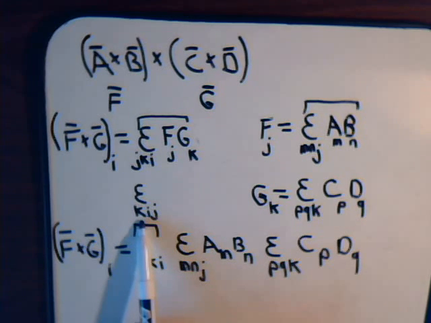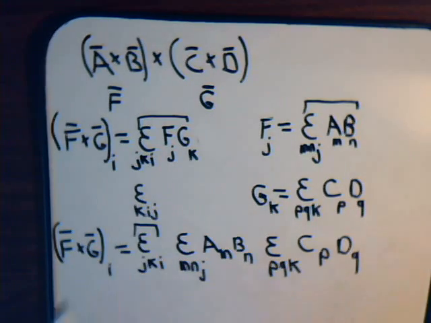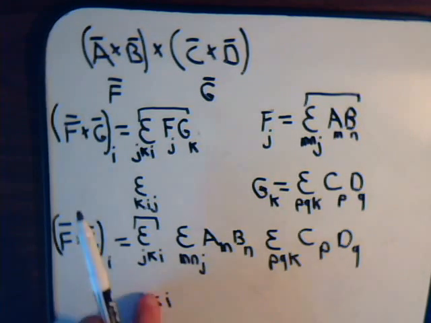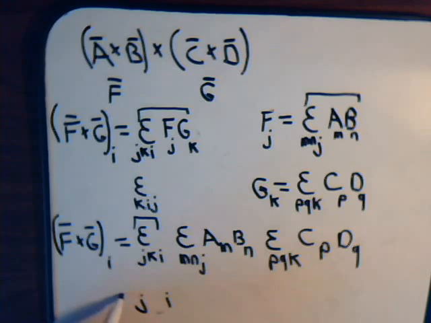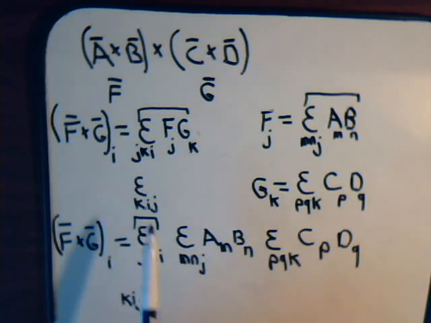So let's have it like this: epsilon kij. This and this have the same value because this is an even permutation of this. We have jki. Move the k over to here, that's one permutation. Shuffle the i over here, that's two permutations. So we can have epsilon kij in place of this.